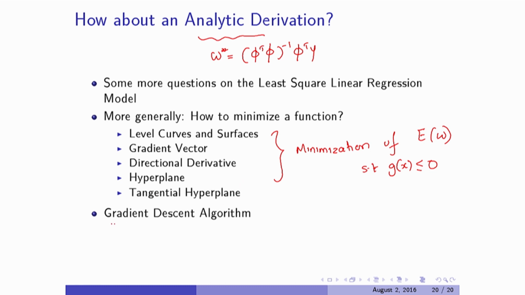And one of the simplest algorithms for helping discover optimal solutions is the gradient descent algorithm. In fact, the so-called gradient of the error function E when set to 0 is what gives you the W star that we have derived, or rather motivated geometrically.